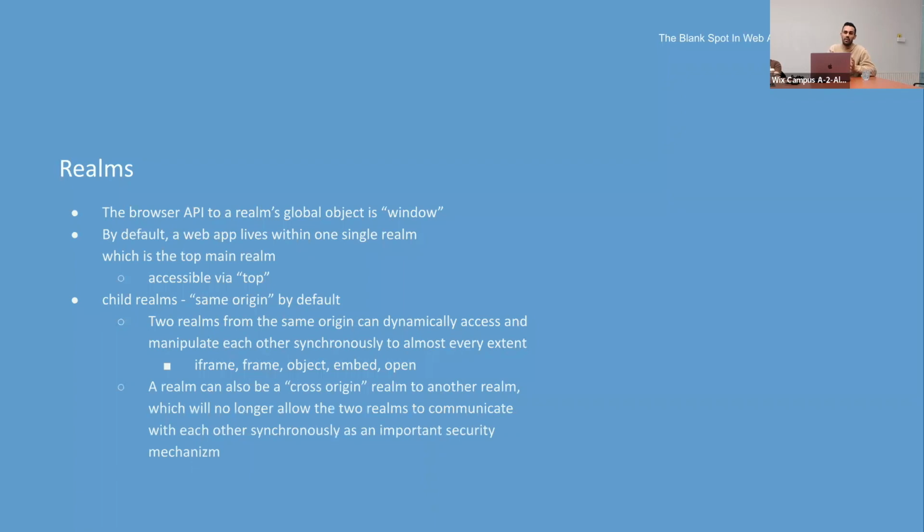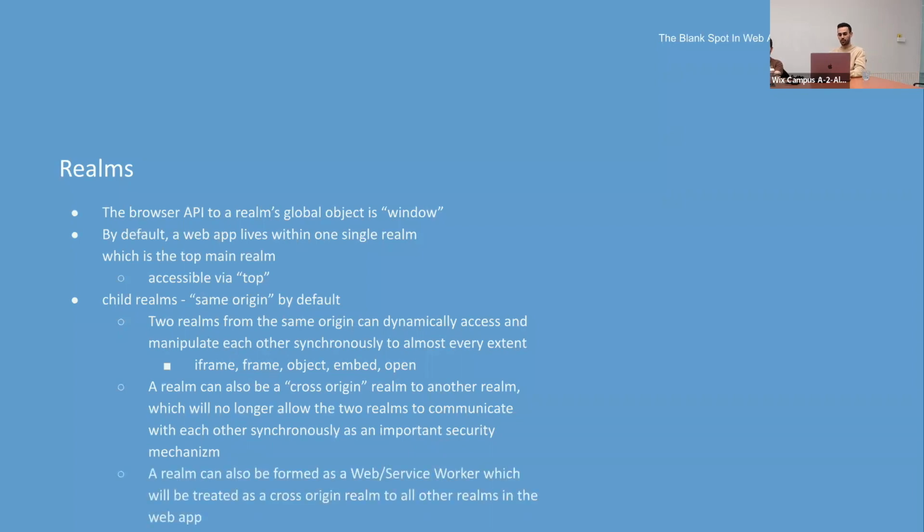But you can also have a cross-origin realm, and that would be achieved by redirecting the new realm that you created to an origin that is different than the origin of the creating realm. And you don't get synchronous access between two realms that are cross-origin, and that is due to security.